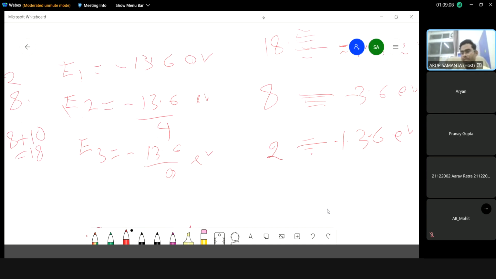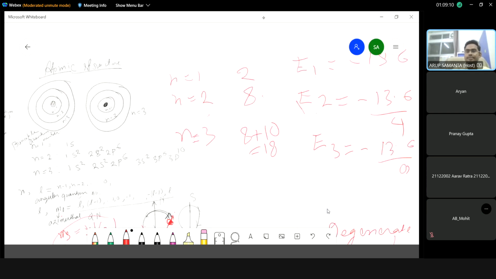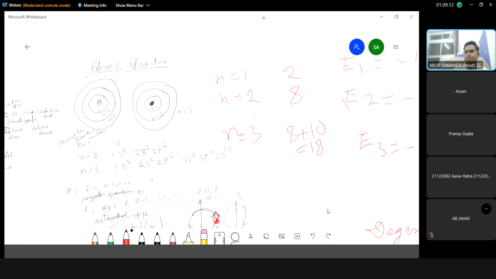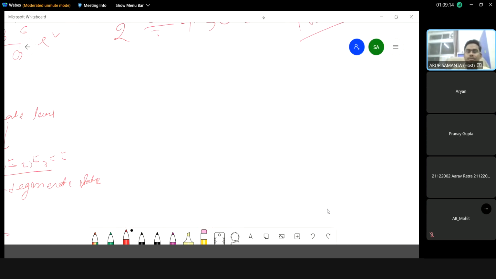Now consider this situation: I consider one nucleus, then you have the n equal to 1 level and the n equal to 2 level. Further levels I did not consider in this case.